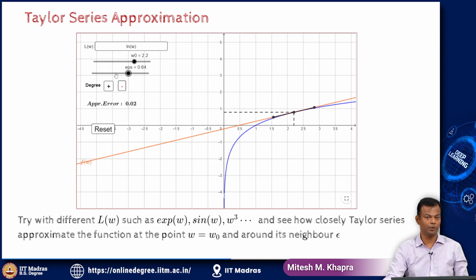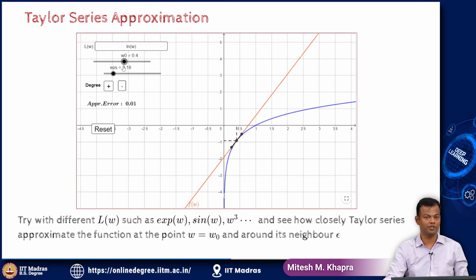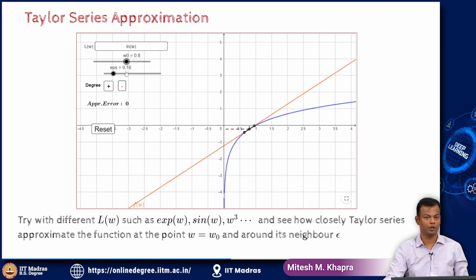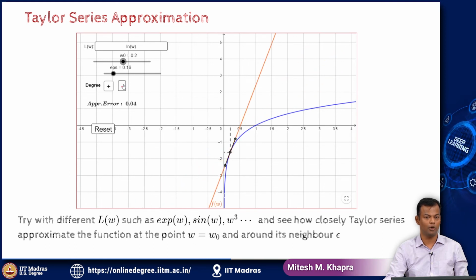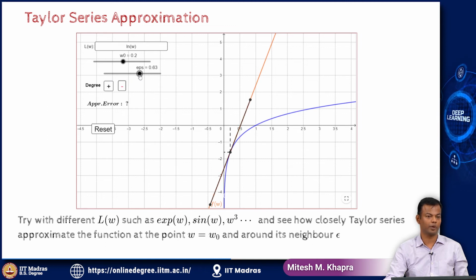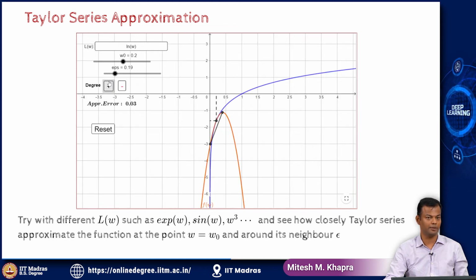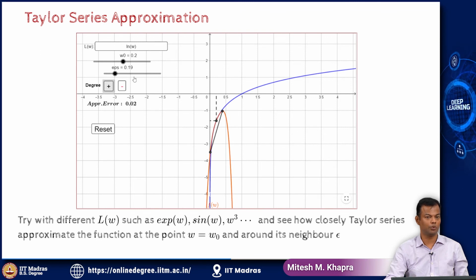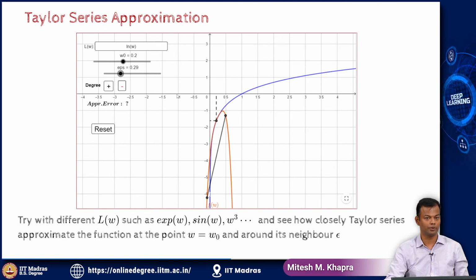So if my window is small, then even as my gradient changes, my approximation is still quite good. So in the small neighborhoods, my approximation always remains quite good, even for high values of the gradient. But if my window is large, then the approximation becomes quite bad, as you can see here. So that's important, that Taylor series is only used in small windows.